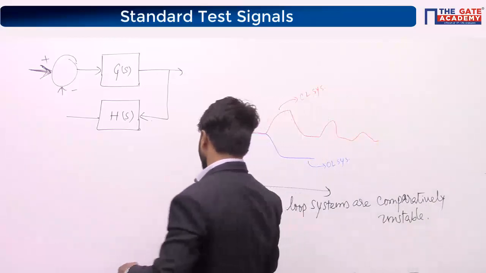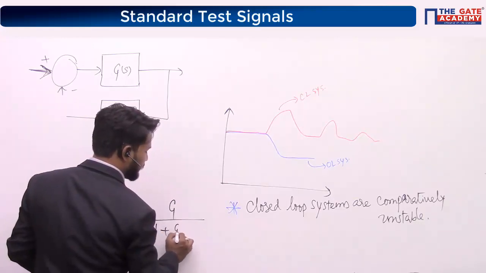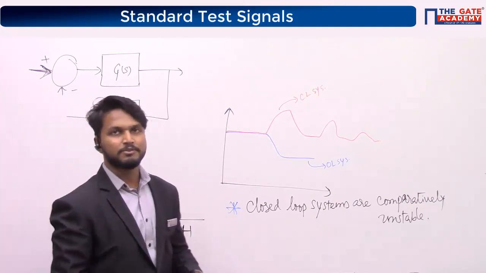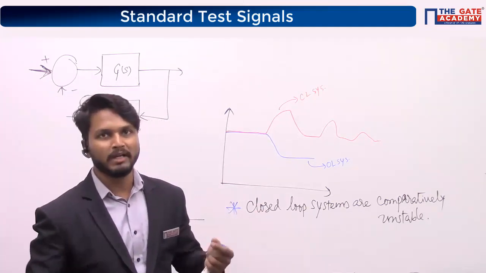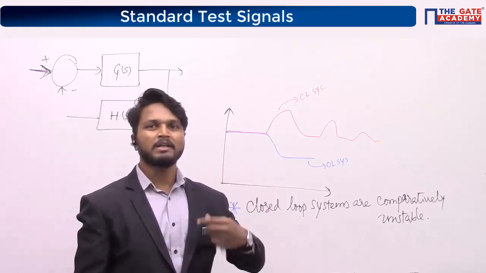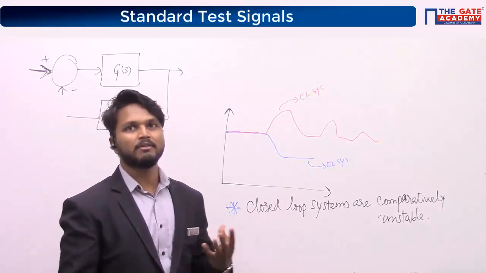Let us say this is the overall transfer function G of s upon 1 plus G of s H of s. By any chance, if GH became equal to -1, this becomes unstable, right? So closed loop systems are comparatively unstable, that is what I'm saying.